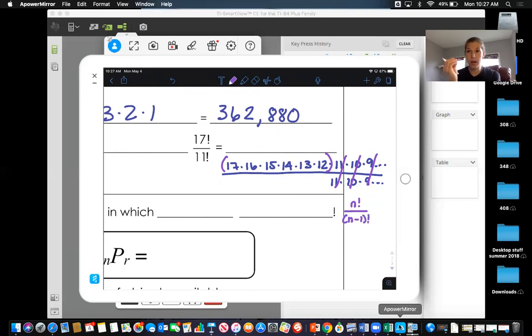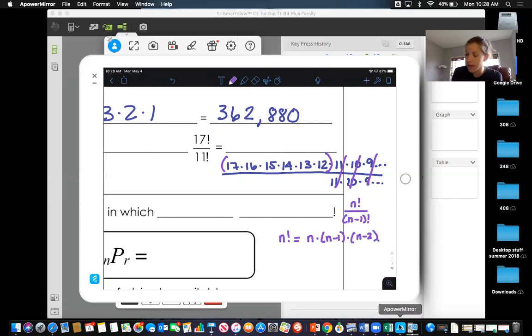You start where you are, and then you multiply by one term less than that. So by definition, n factorial would be n times n minus 1, times n minus 2, times n minus 3, and so on and so forth.